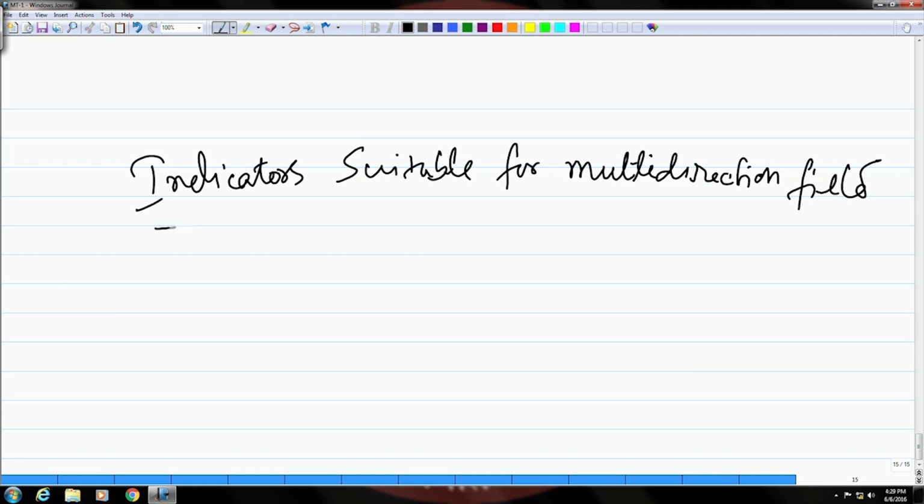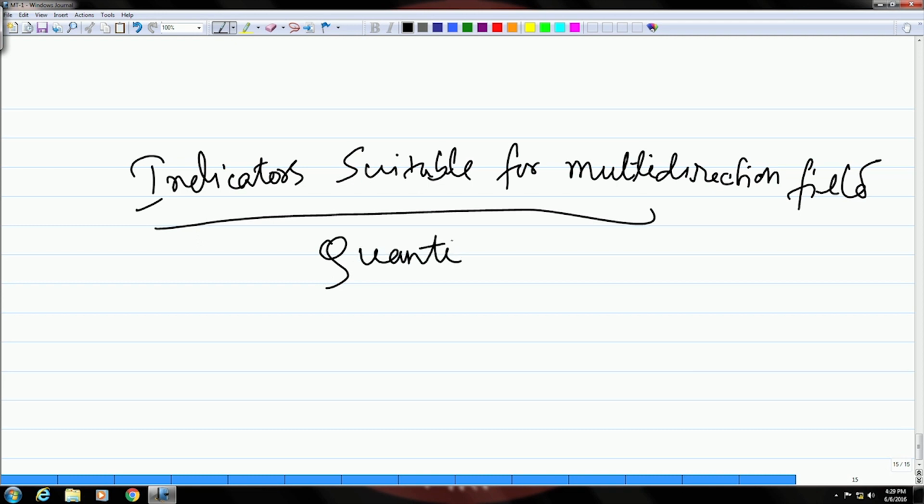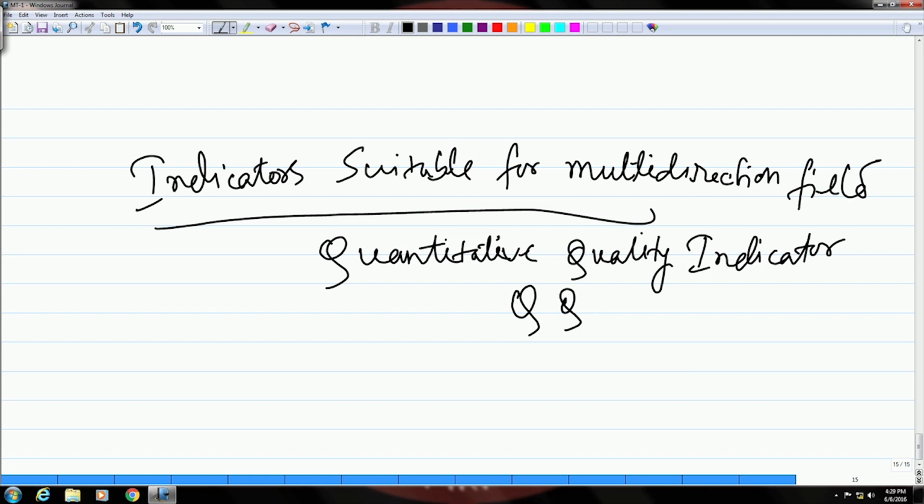Okay. And this kind of indicators which are used for multidirectional fields are also sometimes referred to as quantitative quality indicators, or QQI in short.